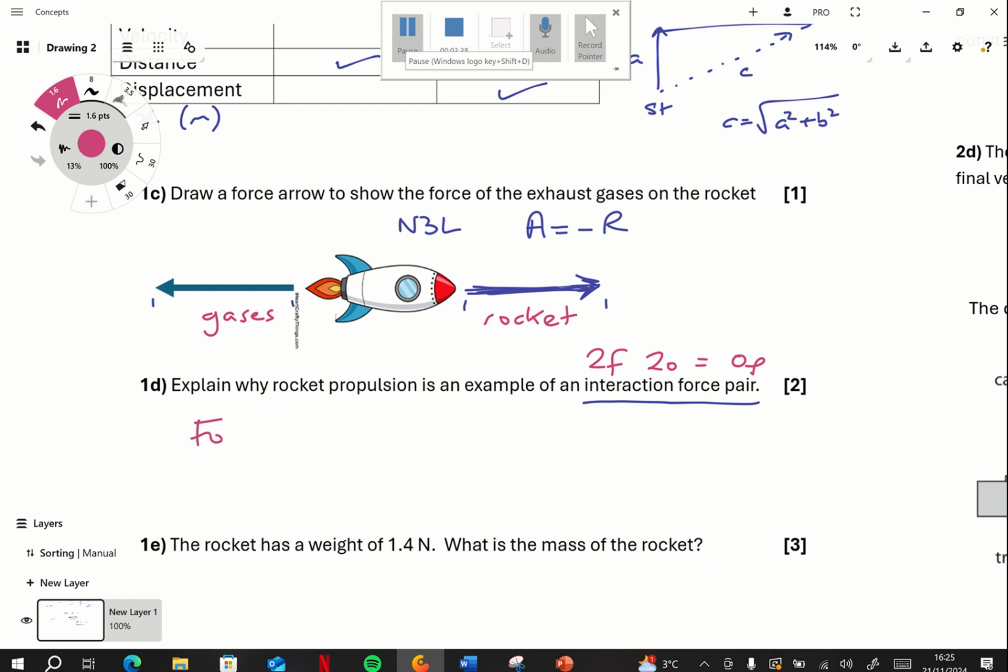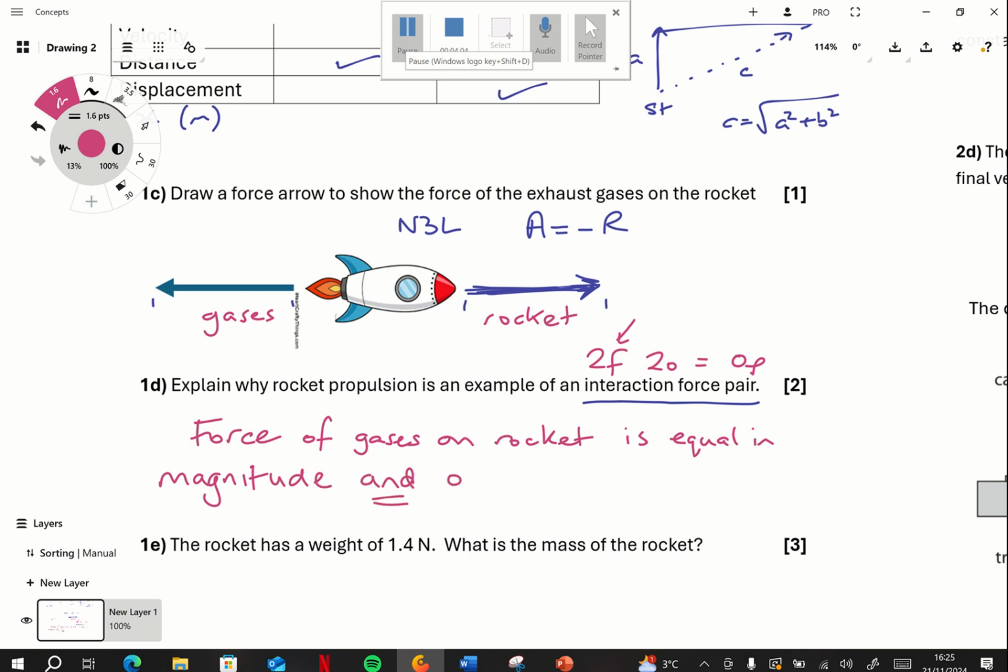And that's because the force, so I'm starting with the F, of the gas on the rocket is equal in magnitude and opposite in direction.